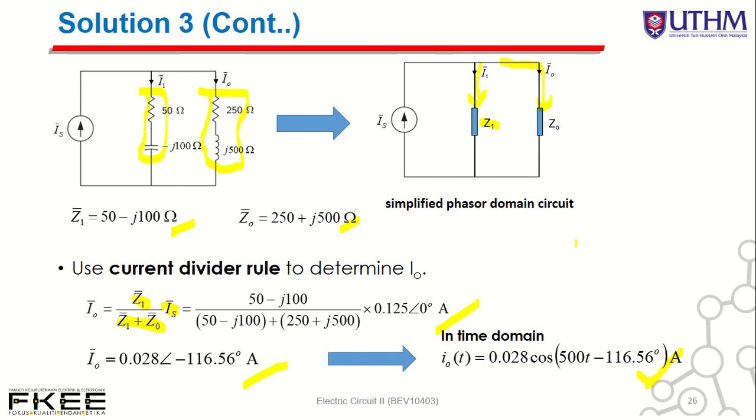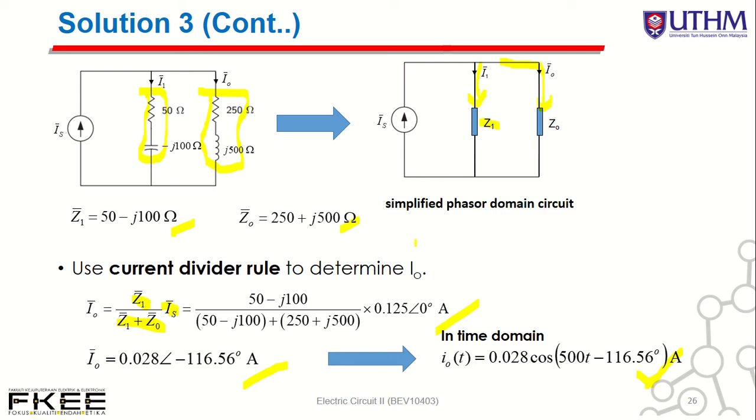Okay, please try to calculate I1. I1 equal to Z0 divided by Z1 plus Z0 times IS. That one is the equation of I1.